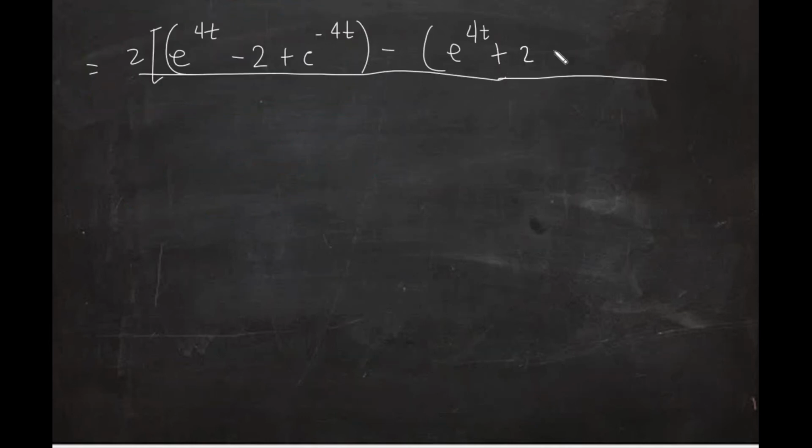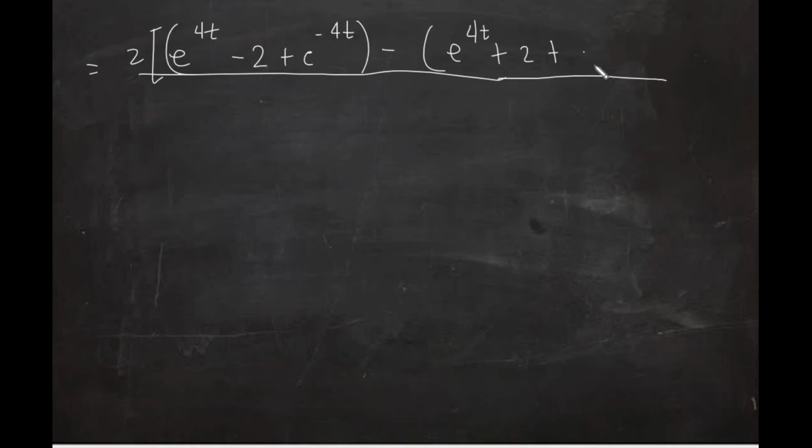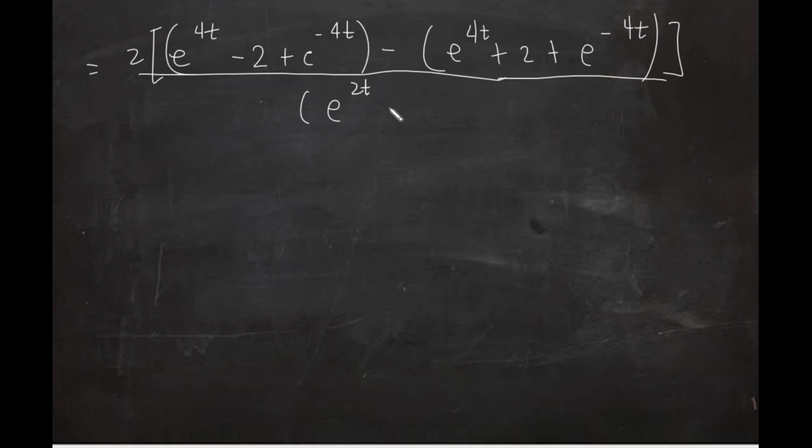So plus 2. And then for the last term, we'll have the square of this one, so we'll have e raised to negative 4t. Then the square of the denominator, e raised to 2t minus e raised to negative 2t squared.